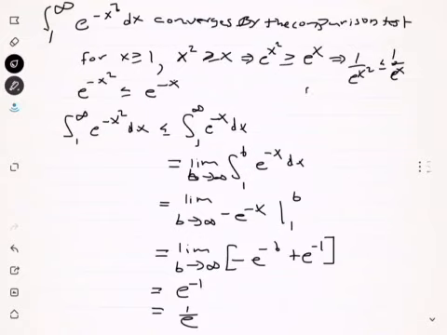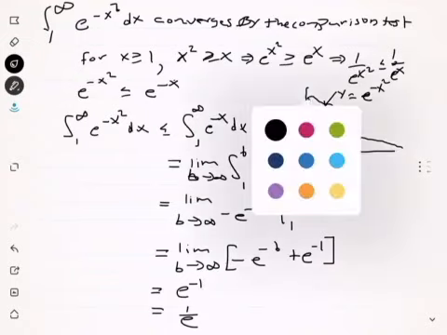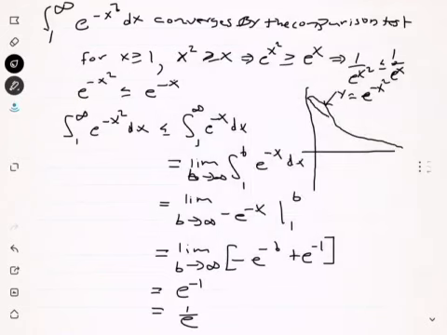As you can see right here, I'm going to take these two functions. The function y equals e to the minus x squared is that function, and the function e to the minus x is this function.